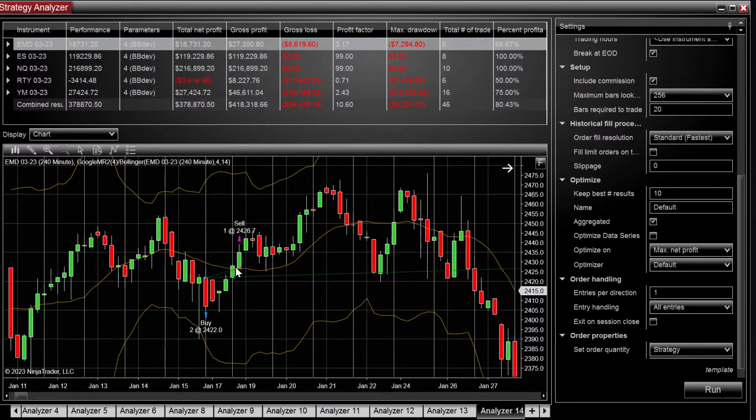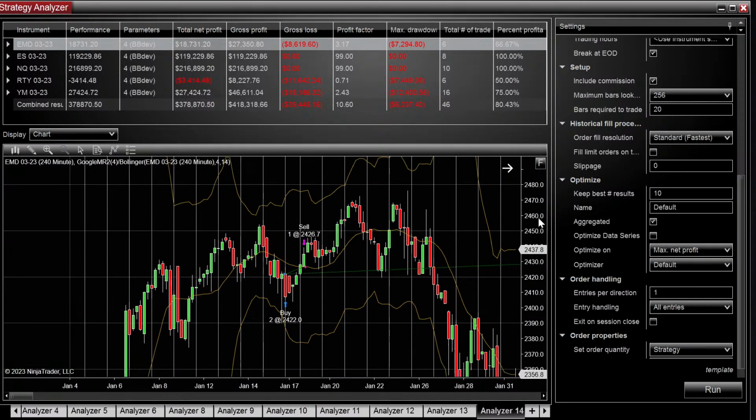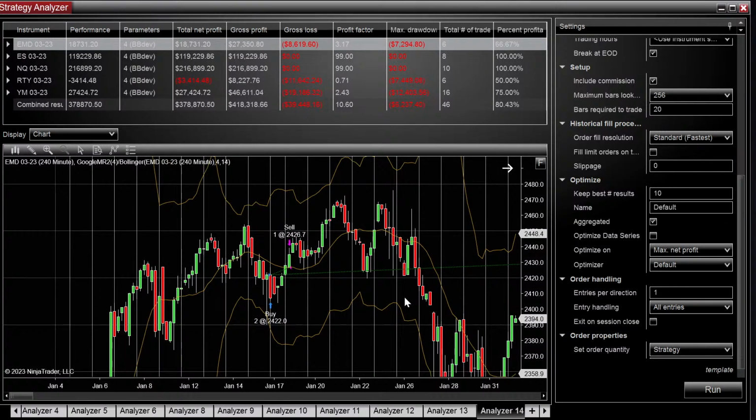You can see we exited for half our position. But what it didn't do is get us back out because it never crossed above the high.